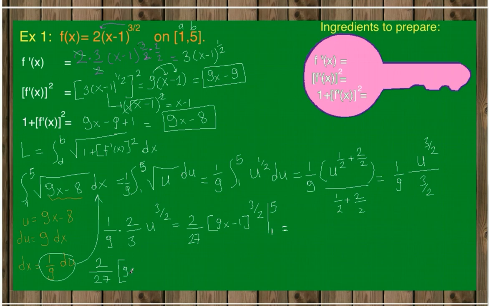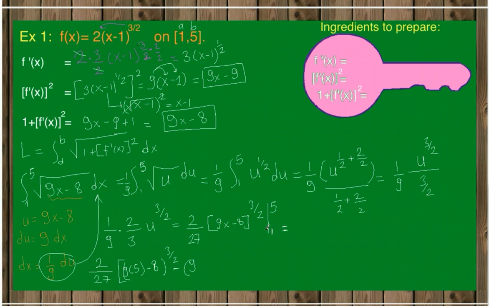So 9 times 5 minus 1, minus 8, raised to the 3 over 2, minus our lower boundary.